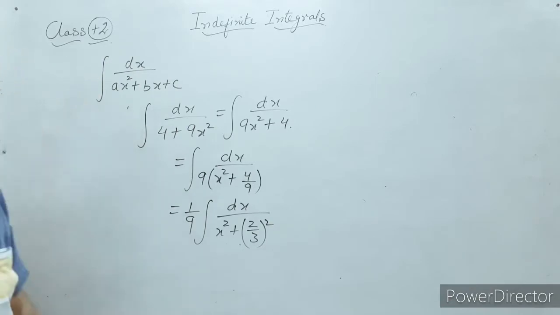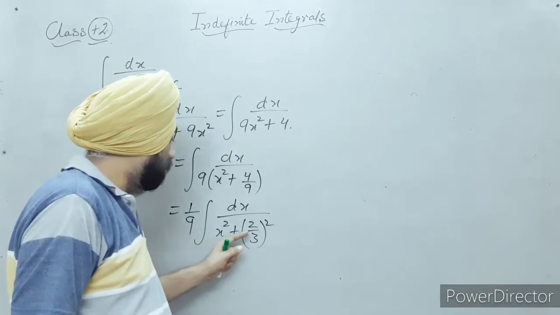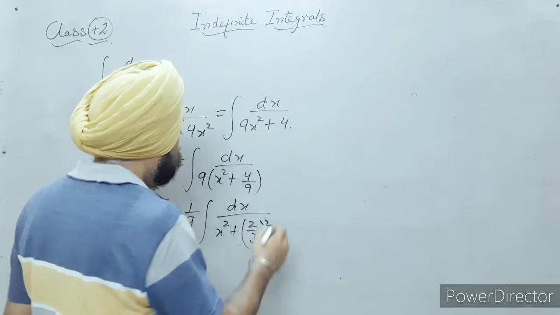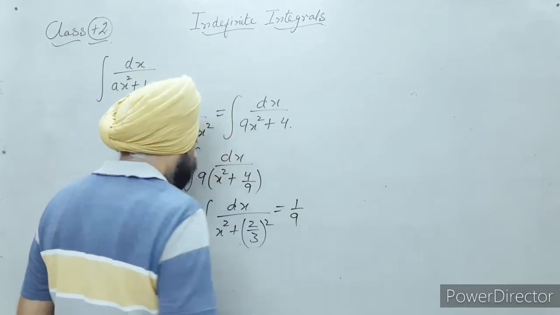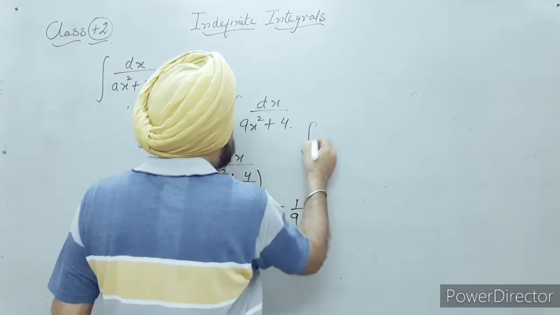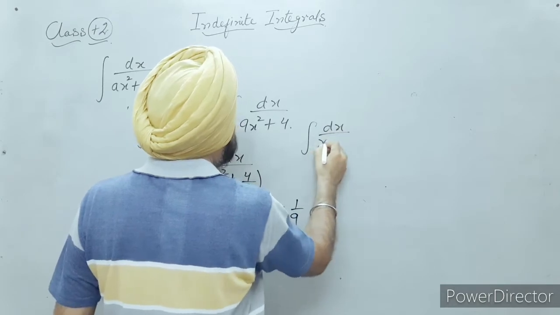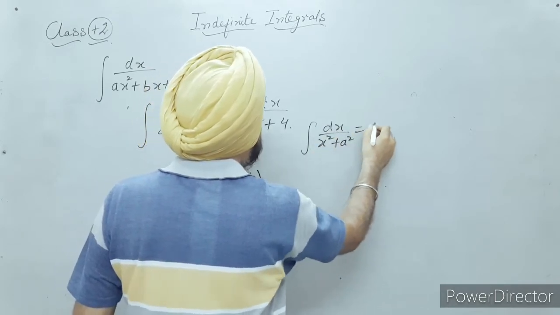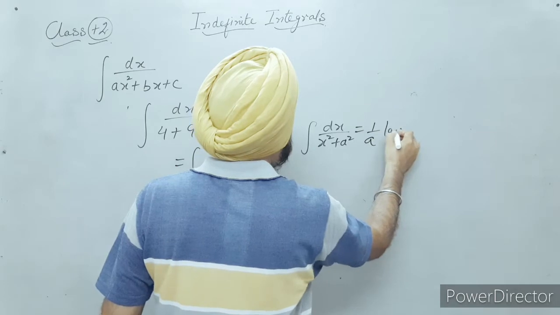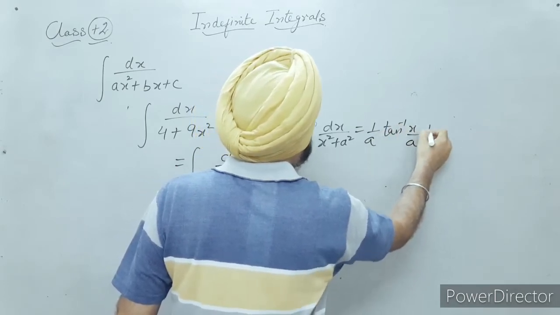Now the formula will be applied. x square plus a square. This is 1 over 9 as it is. The formula is this: dx upon x square plus a square is 1 over a tan inverse x upon a plus c.